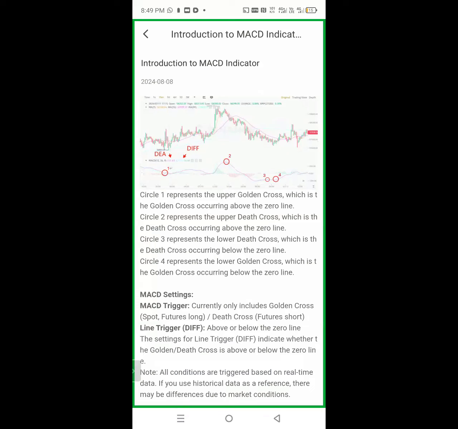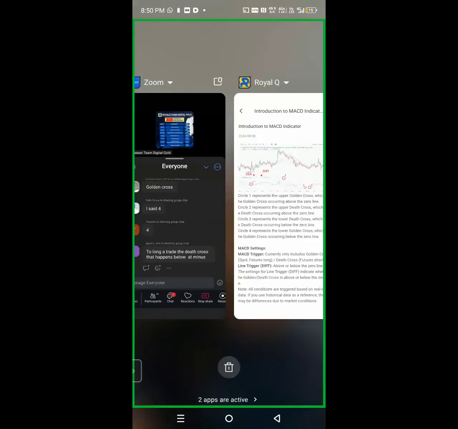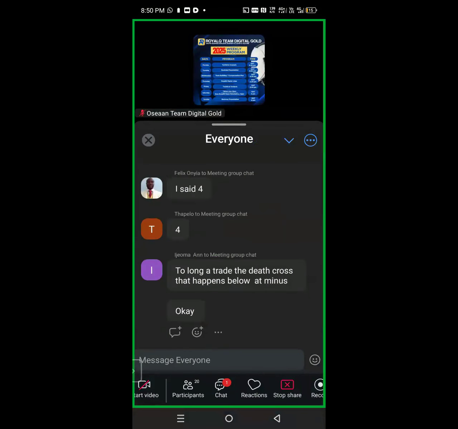Number 2 is the perfect position instead of cycle 3. A death cross should happen at the top so you can short the trade, while a golden cross should happen below so you can long the trade. I hope that's okay.